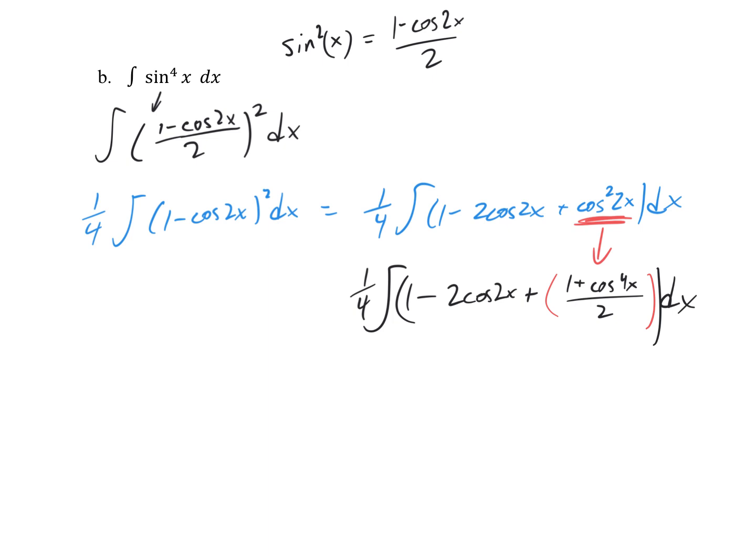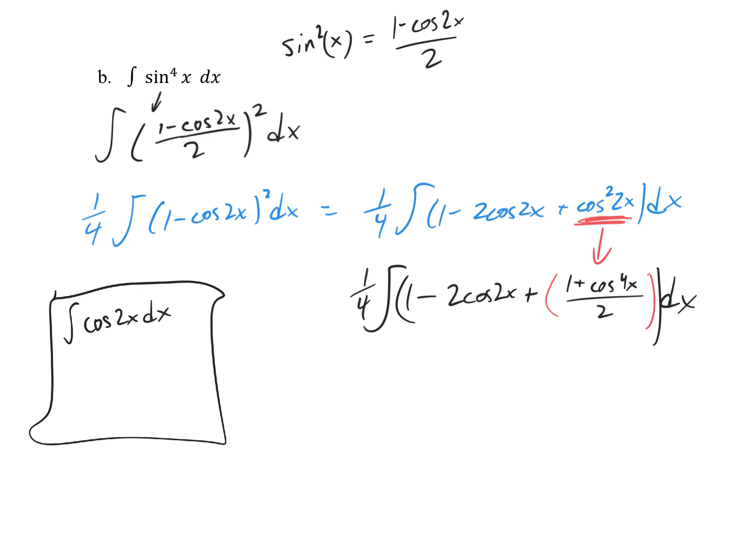Okay, so here's where some of the important patterns are kicking in, and we need to keep these in mind because they will be super helpful to us. One of the most helpful ones, and I will do this off to the side over here, is the integral of cosine 2x. This integral, we should get pretty familiar. It is sine 2x, and because of this 2, we just end up dividing this whole piece by 2, or putting a 1/2 in the front.